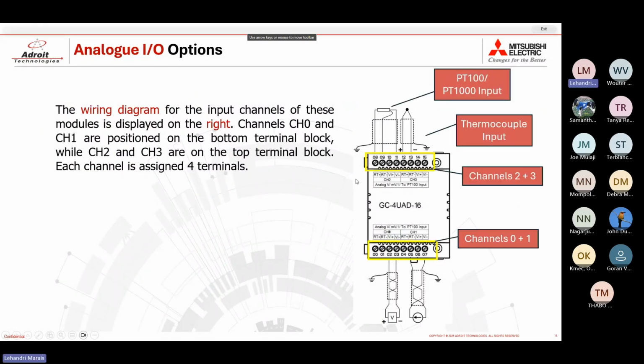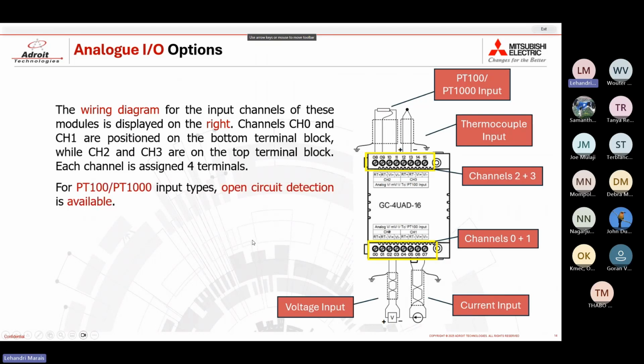Here's just the wiring diagram for the module with an example of your voltage input, current input, thermocouple input up here, and your PT100 and PT1000. Once again, your channels 1 and 0 are on the bottom terminal block, and channels 2 and 3 on the top terminal block.